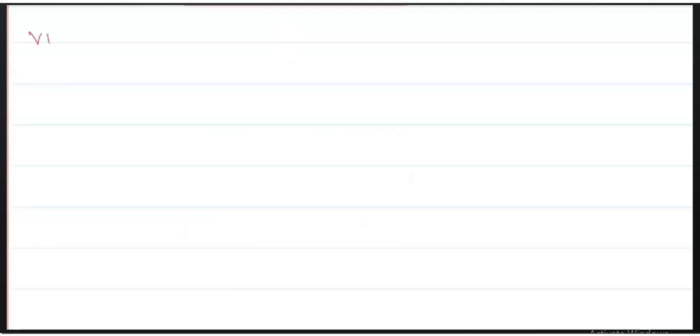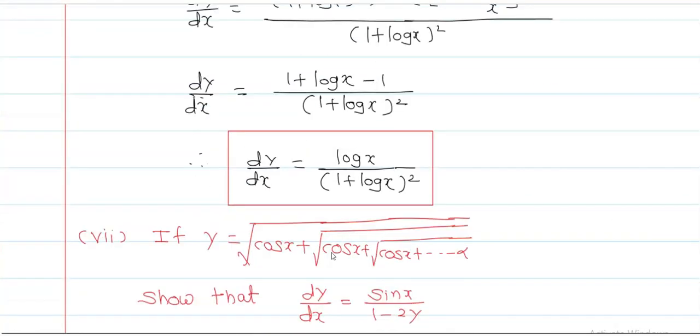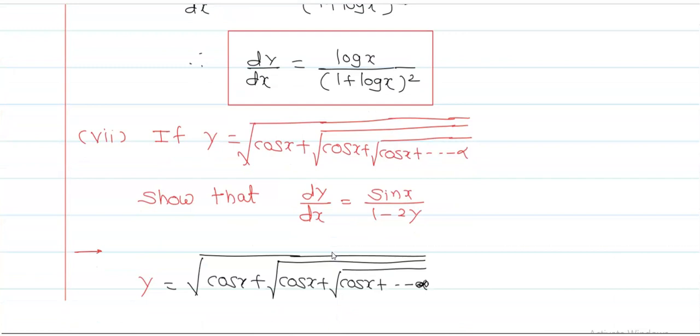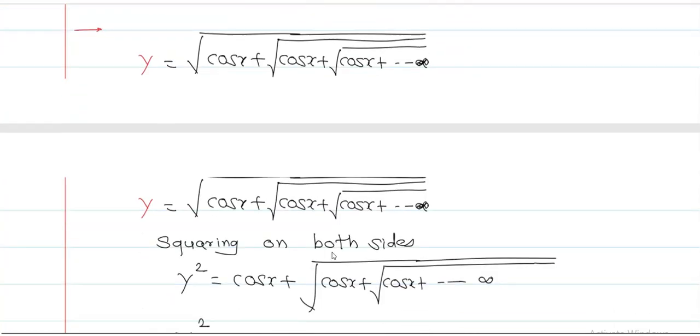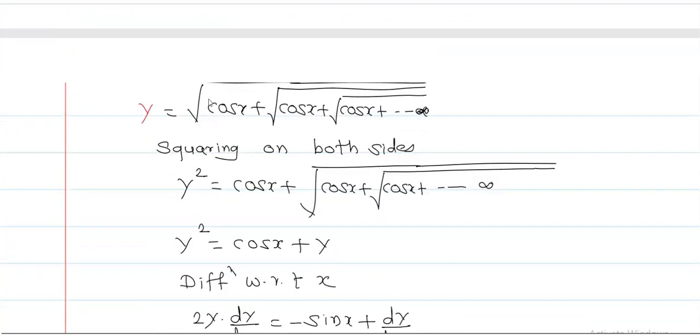Next is, see this again here, squaring on both sides, y square, the right hand side gets cancelled, you will get y square equal to cos x plus the remaining radicals, but this is nothing but y, so y square is equal to cos x plus y.